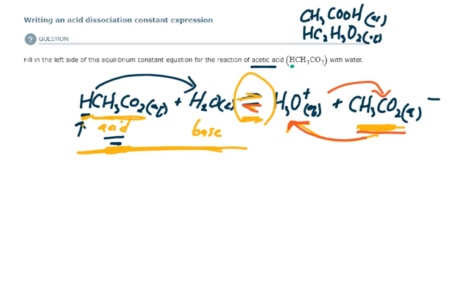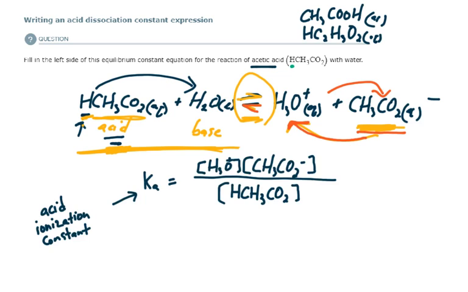So for this acid dissociation reaction, how do we write the equilibrium expression for this ionization? Well, we tackle it just like we did Kc for equilibrium expressions. But because we're talking about the ionization of a weak acid, we're going to use Ka.